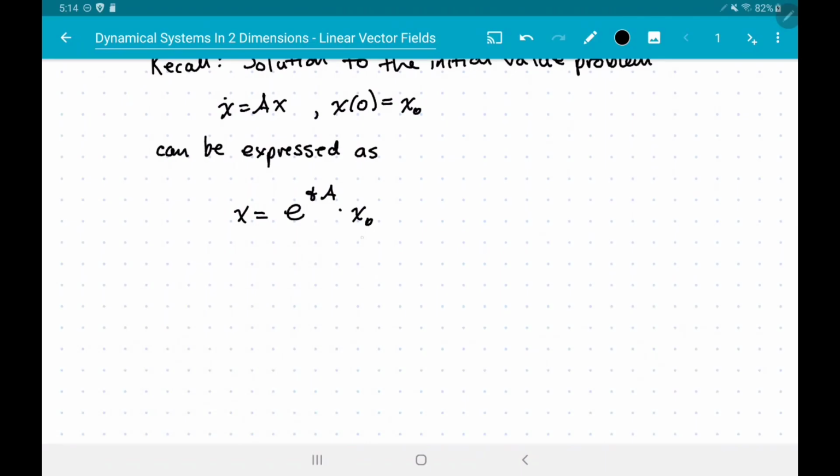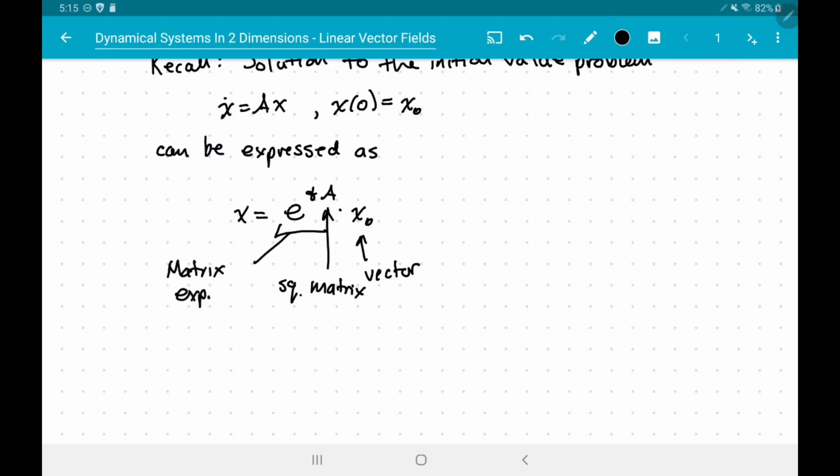And just so that it's clear, x sub 0 is a vector of initial conditions. A is a matrix. It's in fact a square matrix. And then e to the tA is actually a matrix exponential.